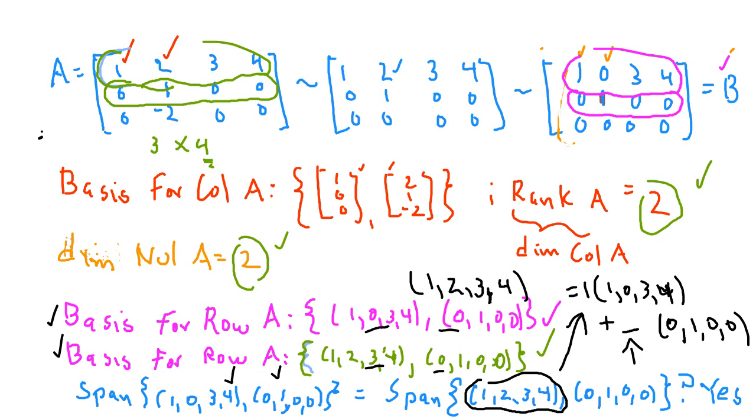Is that vector equivalent to some linear combination of the basis vectors 1, 0, 3, 4 and 0, 1, 0, 0? So 1, 2, 3, 4 equals 1 times 1, 0, 3, 4 plus what number times 0, 1, 0, 0? What number?